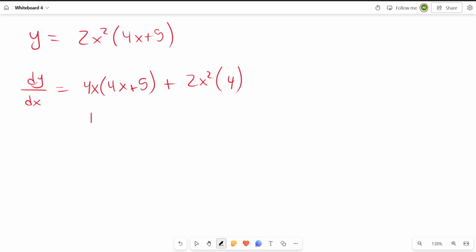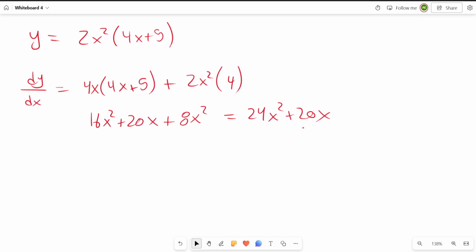So 4 times 4 is 16, x times x is x squared, 4x times 5 is basically 20x, and then I will add to that 2 times 4 is 8, so 8x squared. 16 plus 8 is basically 24x squared plus 20x.